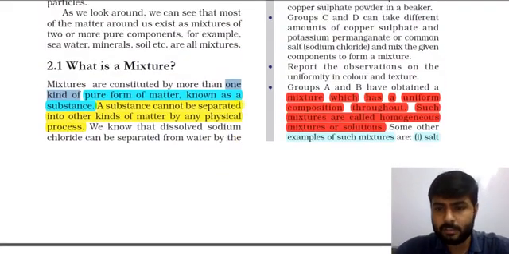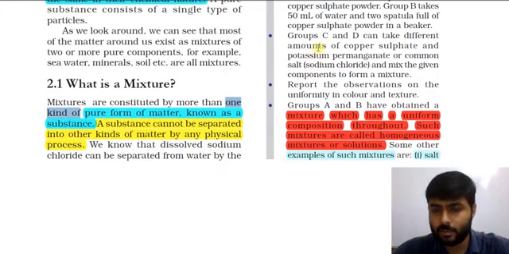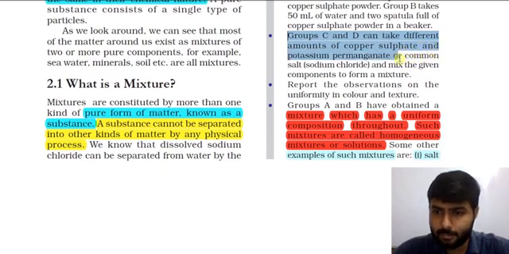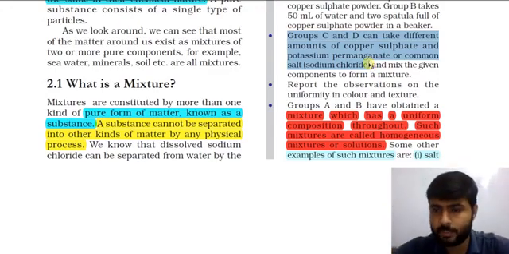So heterogeneous mixture, that is a mixture we can distinguish. You can see here the group C and D take different amounts of copper sulfate and potassium permanganate, or copper sulfate and common salt, and mix the given components to form a mixture.